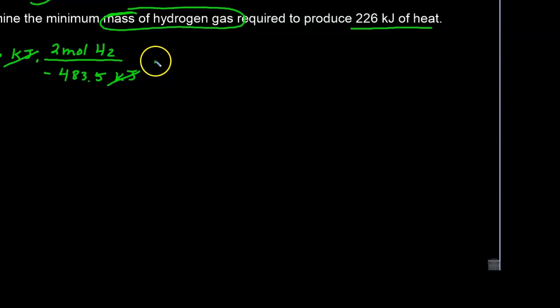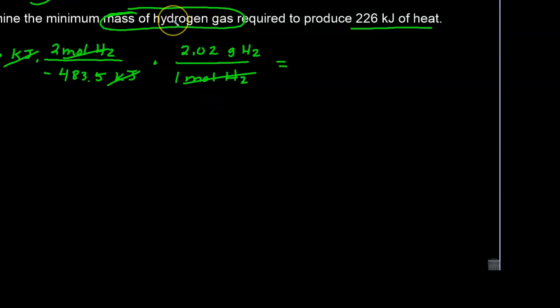I'm to the moles, and we know 1 mole of hydrogen gas is, what is that, 2.02, roughly, grams. And again, now we have the mass of hydrogen there, the minimum mass required, and we just need to run through some numbers. So let's go ahead and do that real quick.